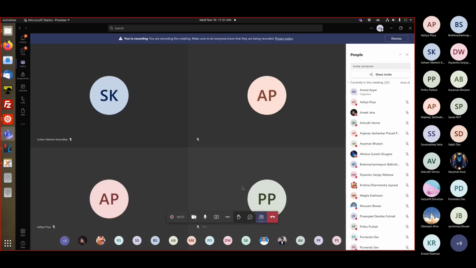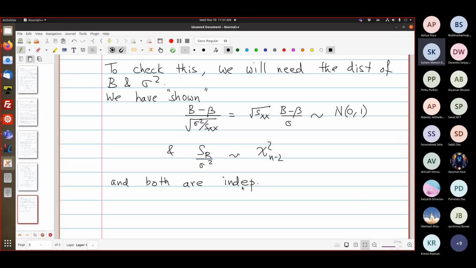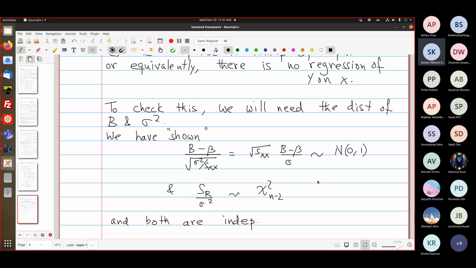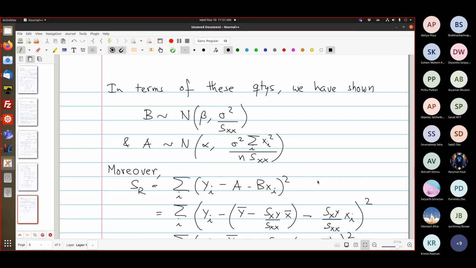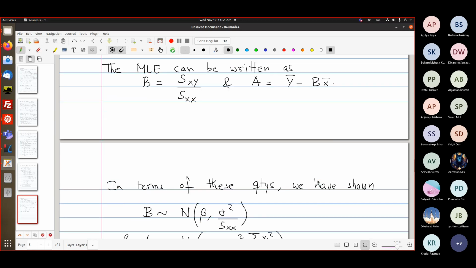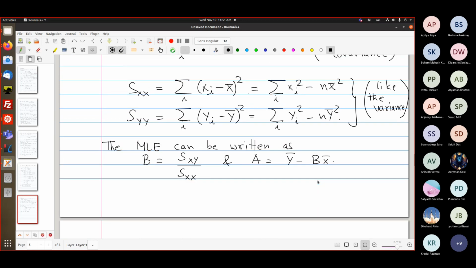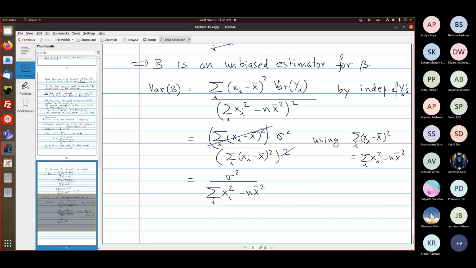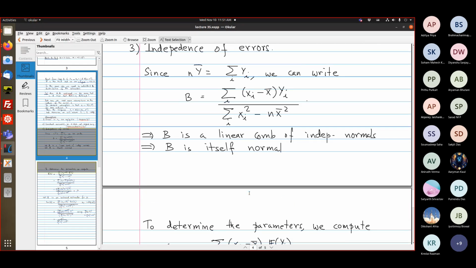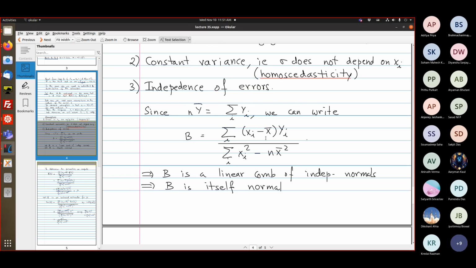Sir, haven't we assumed a value of sigma so that sigma is known to us? No. Where have we assumed sigma? When we gave these formulas for A and B in the previous class, they were purely in terms of data.